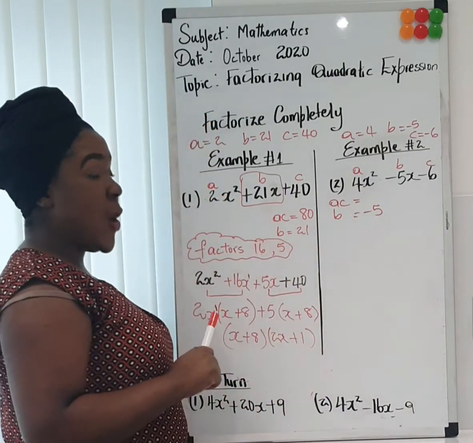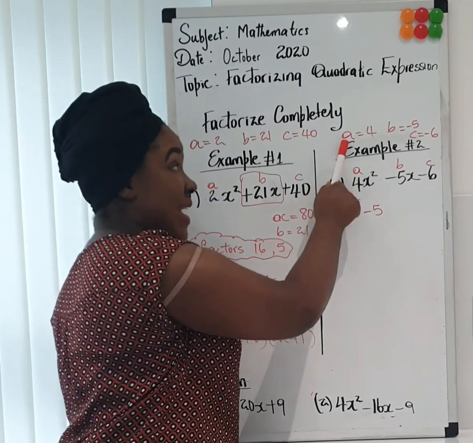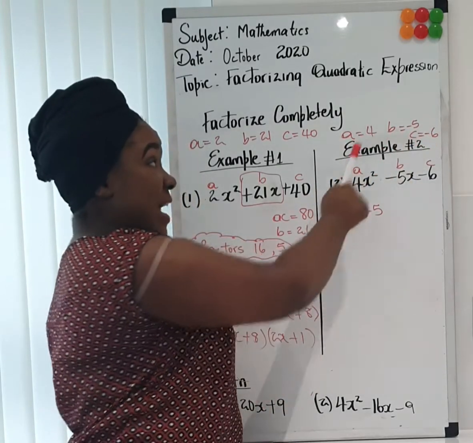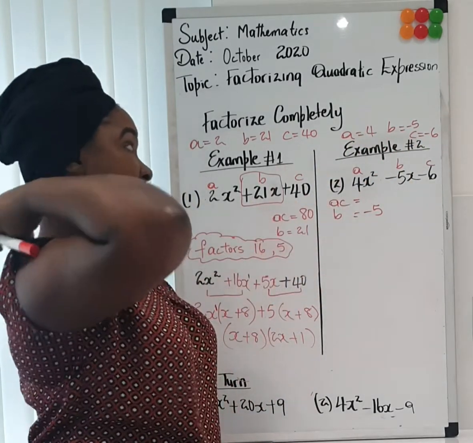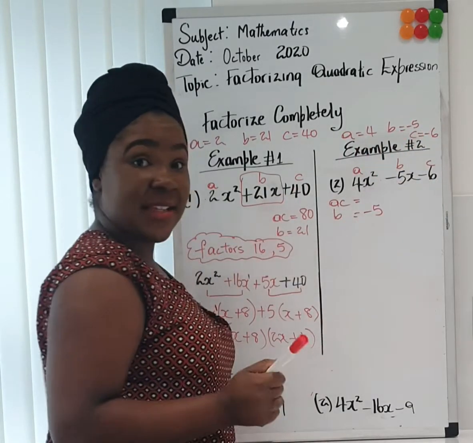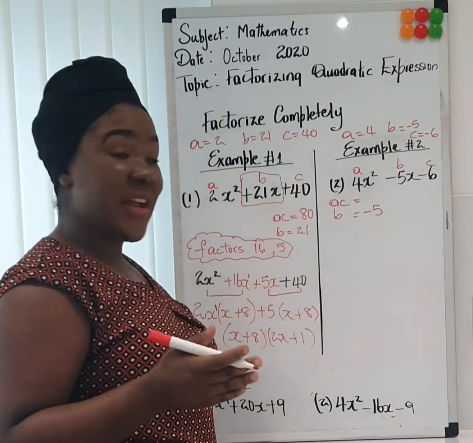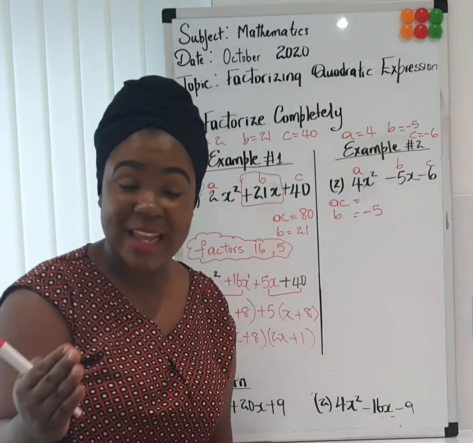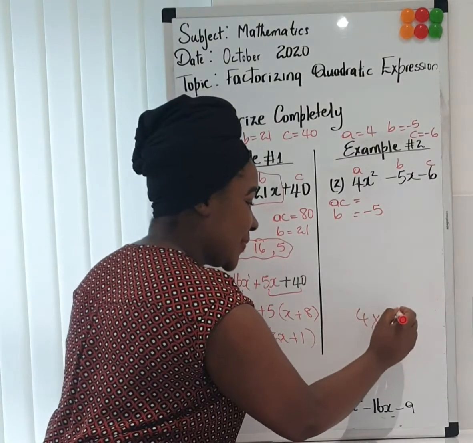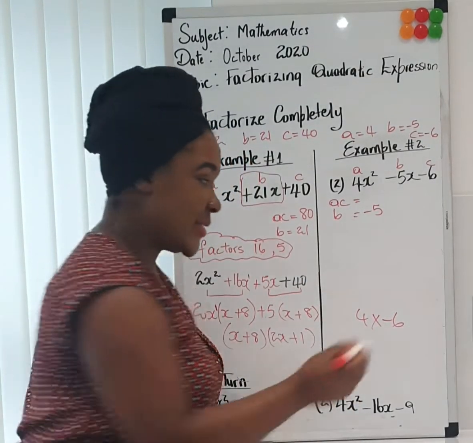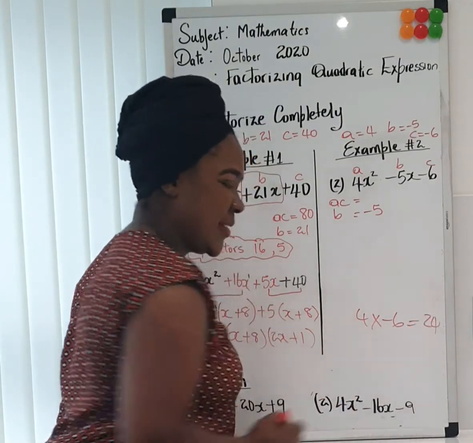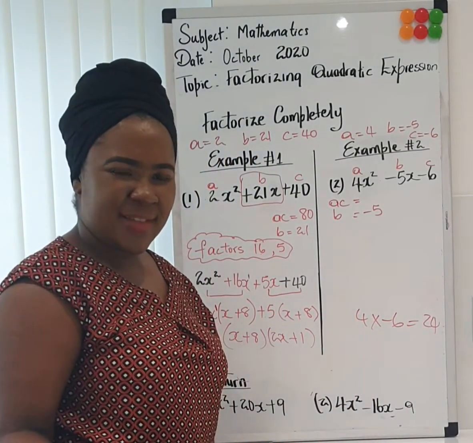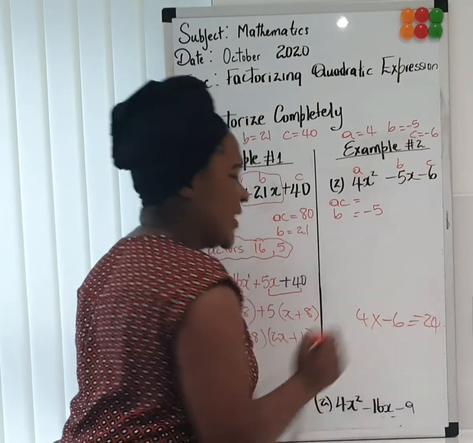So it's negative 5. And then AC, remember AC means A times C. So A is 4 and C is negative 6. So AC would be 4 times negative 6, which gives us 24. Am I correct? No, it should be negative 24.